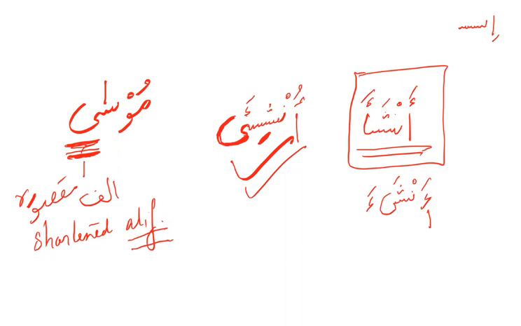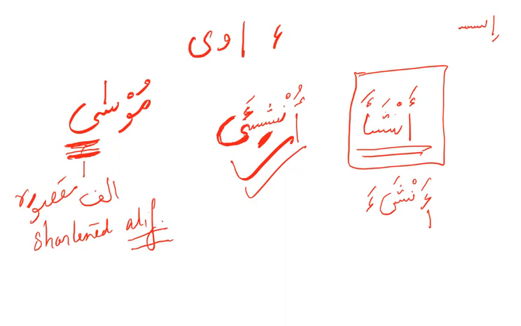Why are we using the ya here in unshia, instead of alif? Because here you have a kasra. After kasra, we know that the hamza can take alif, waw, and ya as a chair, right?